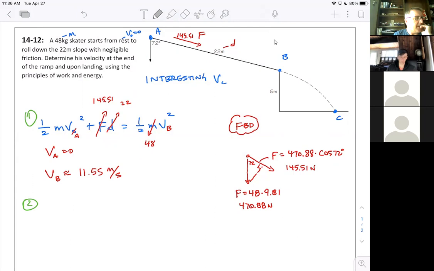Could we do this in a slightly different way? Could we use our force of 470.88? The answer is yes, except for what would the distance have to be?